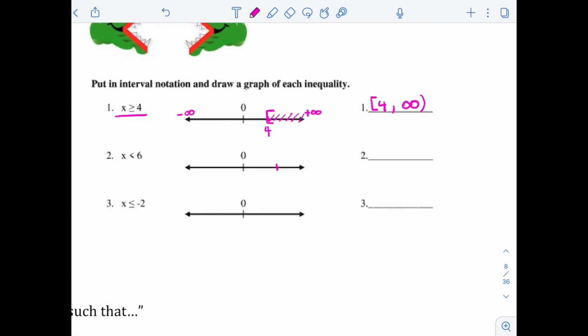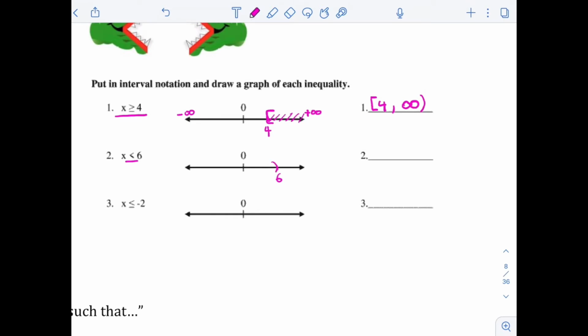Now, it's less than, and it also does not have the equal sign. Not having the equal sign means that you're going to need parentheses, and less than means the left side of 6. So the parenthesis will look to the left because it's less than. Less than is left.